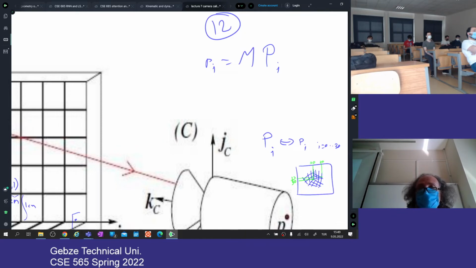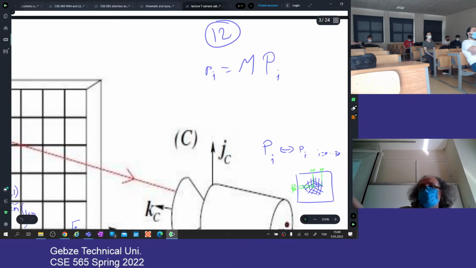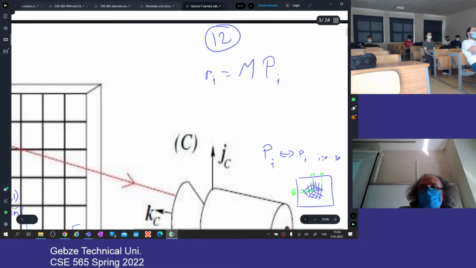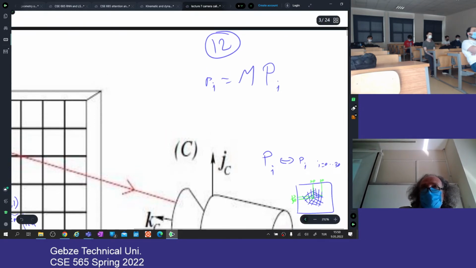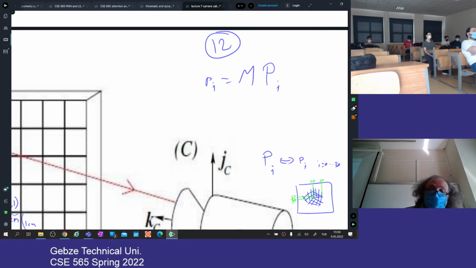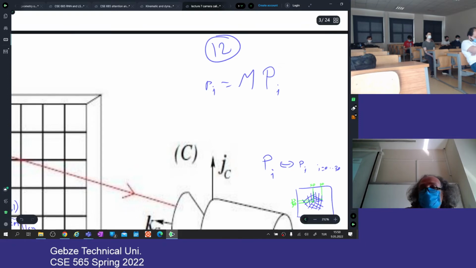So all I need is just 12 equations, because each correspondence is producing 3 equations, right? Do you remember that? This has 3 rows and this has 3 rows, and each row is a separate equation. So that means that just 4 different correspondences between the real world and the image coordinate system should produce this matrix M, but usually we need more.